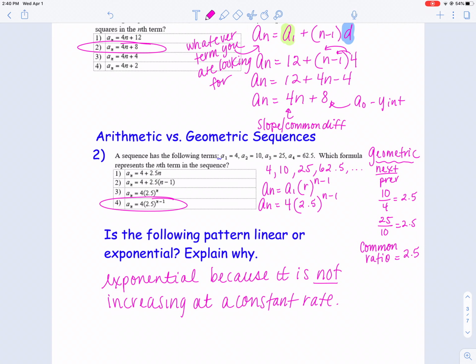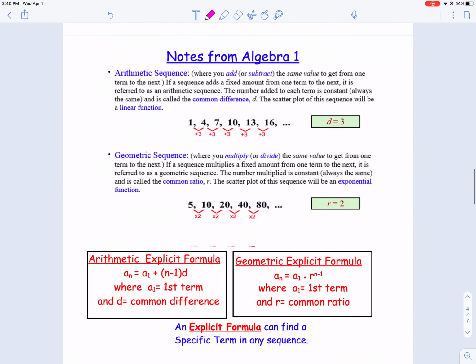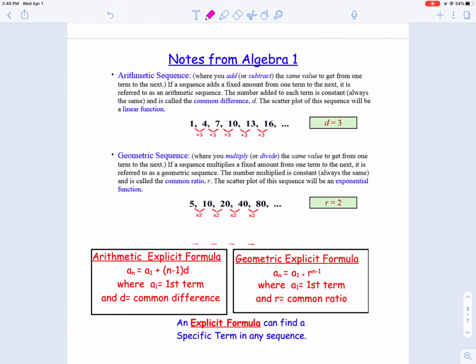Okay. So in the next slide, you guys are again just seeing a lot of notes, exactly what I just talked about. Arithmetic sequences are where you're adding and subtracting. It has a common difference, and it's associated with a linear function. With geometric sequences, you're multiplying technically or dividing, but even when you're multiplying and it's getting smaller, you're going to be multiplying by a fraction.